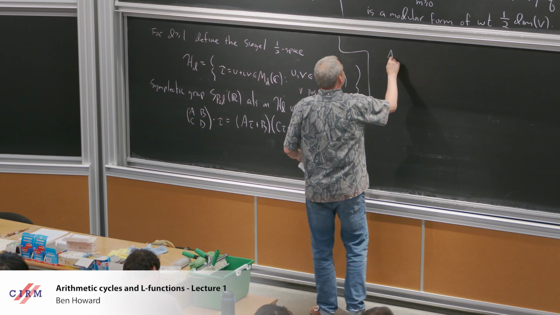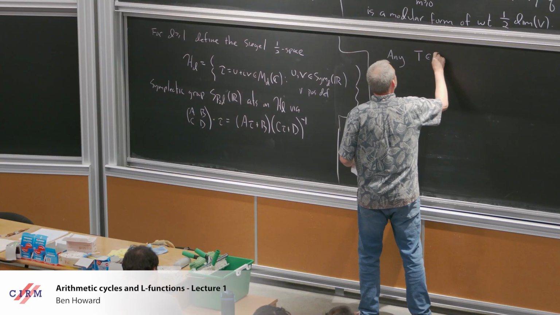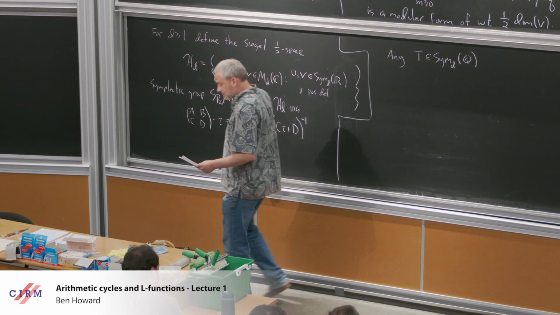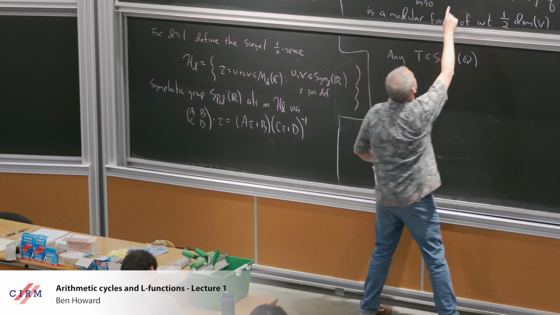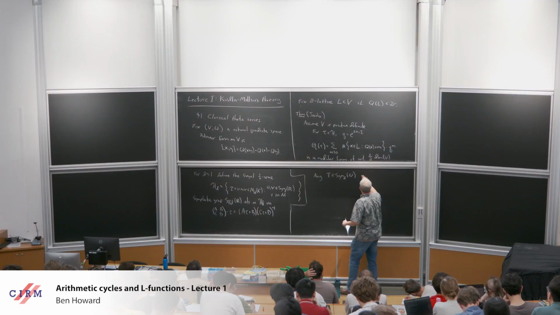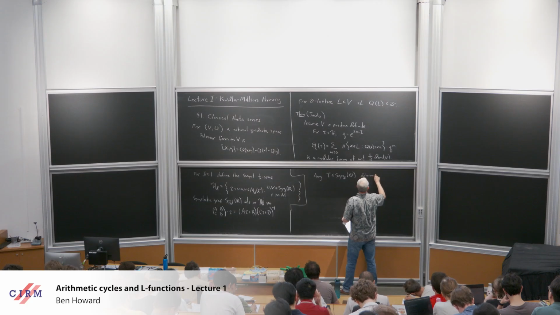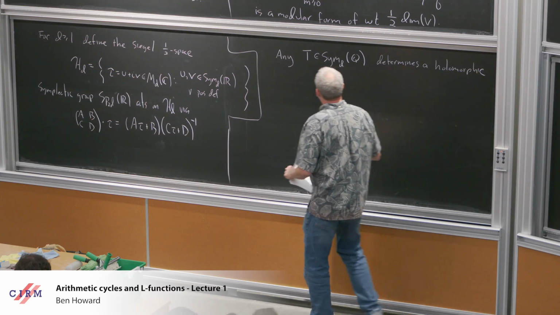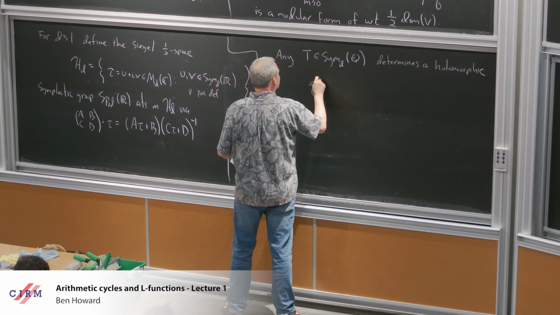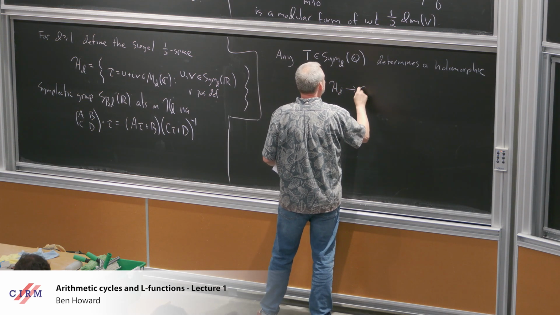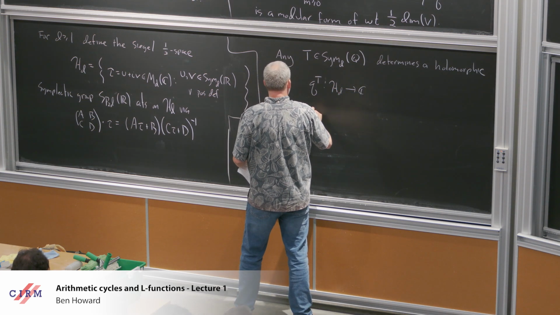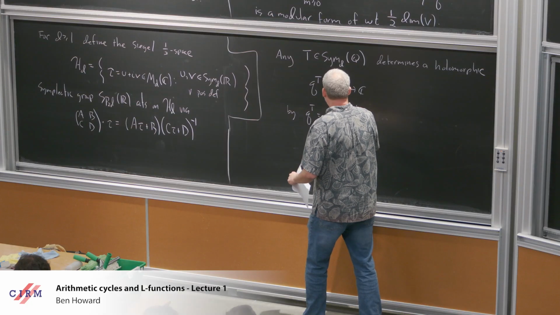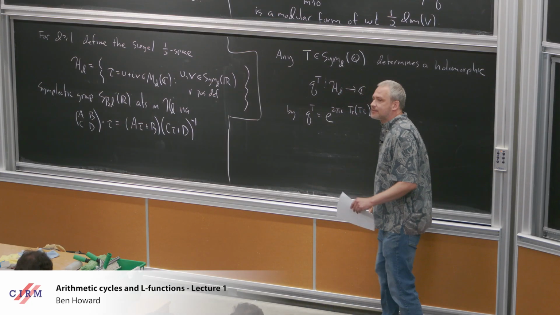And if I give you a symmetric d by d matrix t with rational entries, it determines a holomorphic function on the Siegel half space called q to the t, by q to the t equals e to the 2 pi i times the trace of t times tau, where you multiply them as matrices.